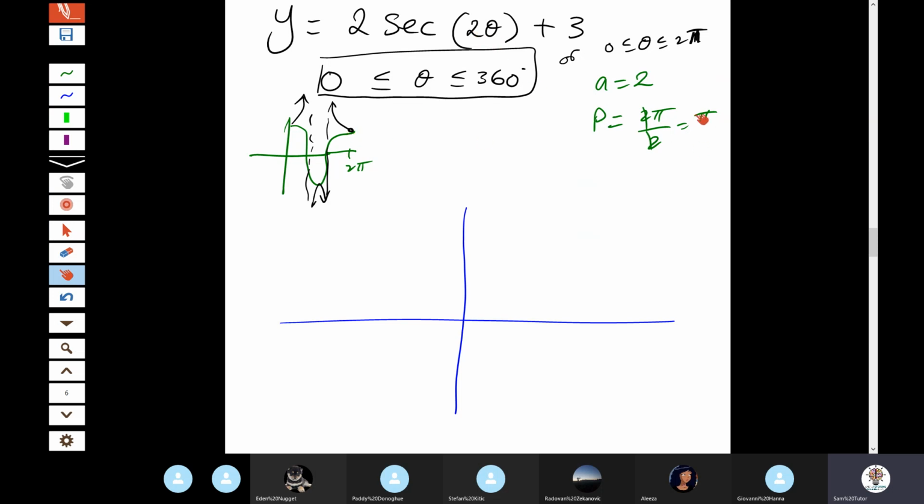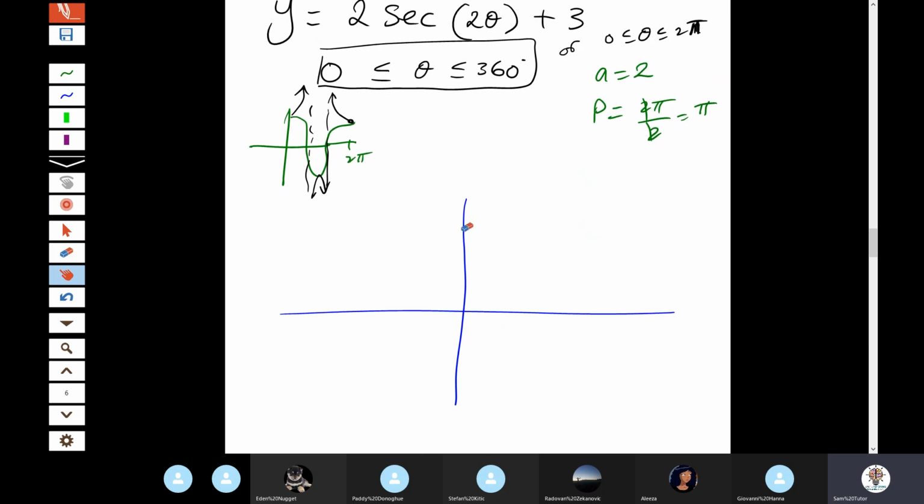The 2 theta tells us that we're going to see it twice pretty much. Instead of ending it at 2 pi, we're going to end it at pi. I'm just going to move my blue axis all the way here because I know I don't need any negatives. We're starting from 0.